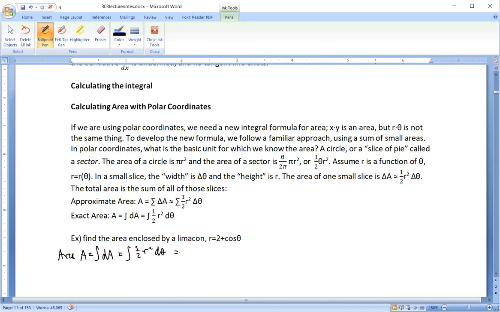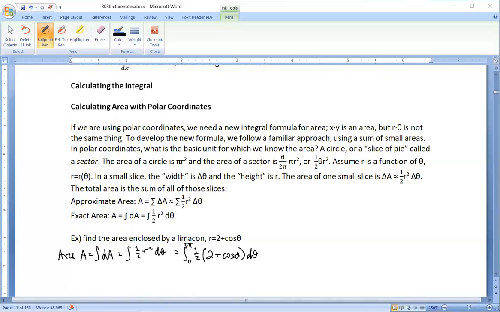And what is it in this case? Well, we've got the 1/2, and we know what r is. It's 2 plus cosine theta, and we've got a d theta, and then the boundaries, as we just discussed, are 0 to 2 pi. And now we've got this integral, we just have to go ahead and do it.